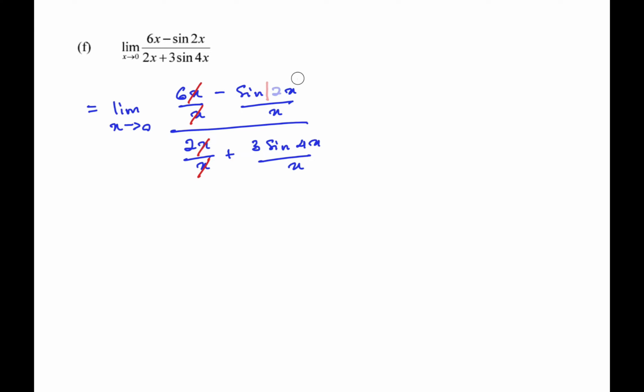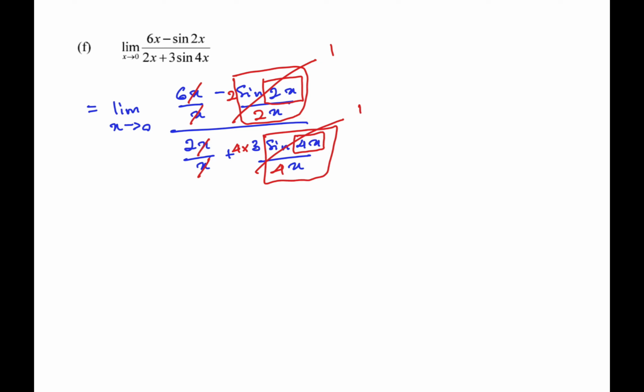Since the angle for the first part involves 2x, the denominator should have 2x, so we multiply by 2. If we multiply by 2 here, the upper part should also be multiplied by 2. Same thing for this one, it involves 4, so we must multiply by 4. The upper part is also multiplied by 4. So we can see that this one becomes 1 and this one becomes 1.